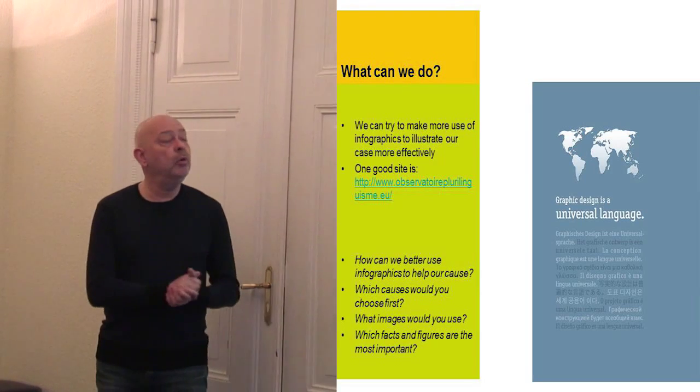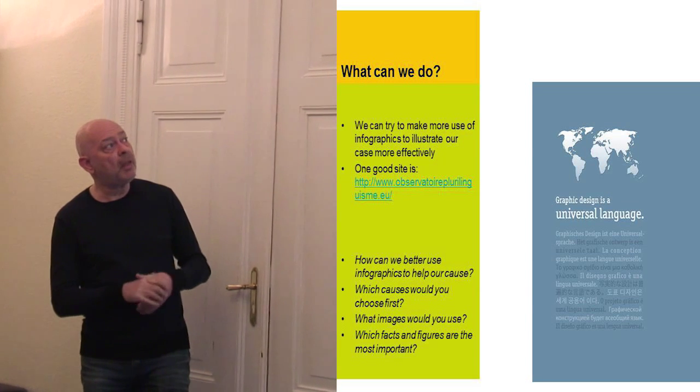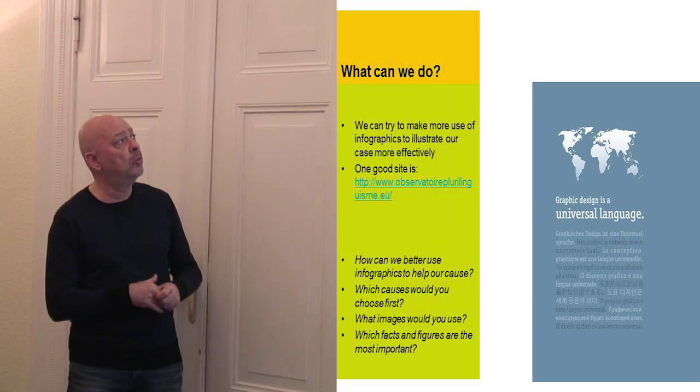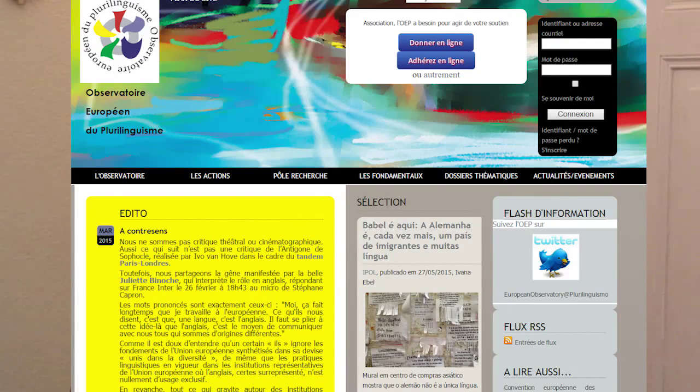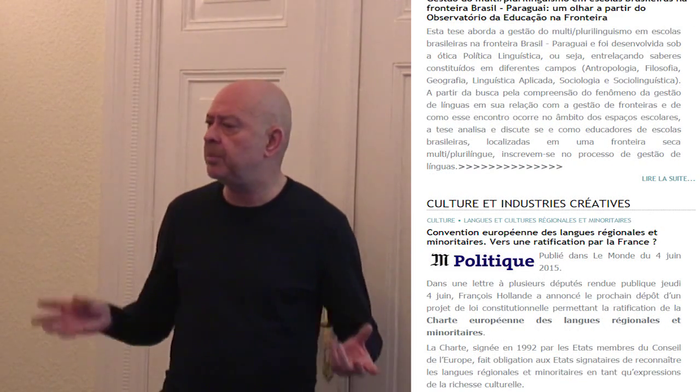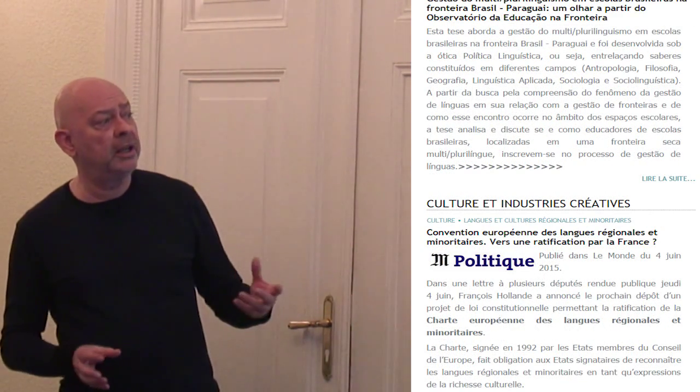So I'm actually thinking, well, where do we go from here? I think we could make better use of infographics to illustrate our case more effectively. And there are plenty of good language sites. This one here, which is a French site, is very good at pulling together loads of articles, disparate views, all about multilingualism.